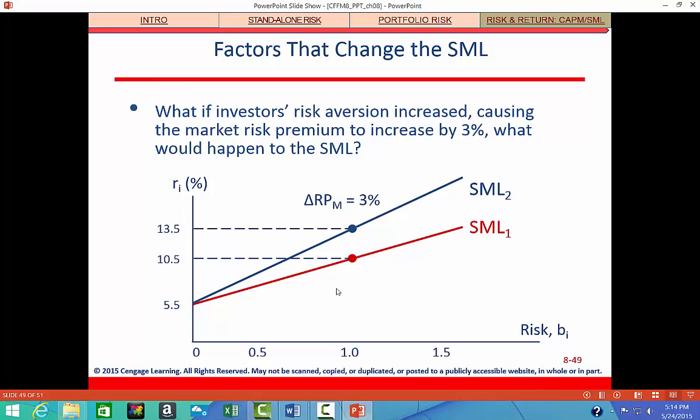You would actually have to go through and calculate each one. For lower beta stocks, the effect would be less than for higher beta stocks. You can see that the required returns are higher. The effect gets larger. So when people get more risk averse, they're more worried about the market, and then that has a bigger effect on riskier stocks than on less risky stocks.